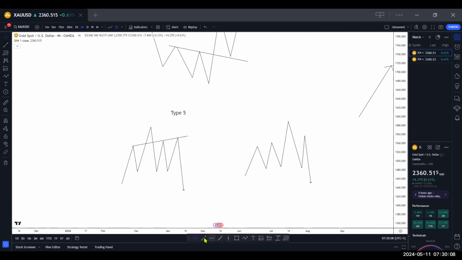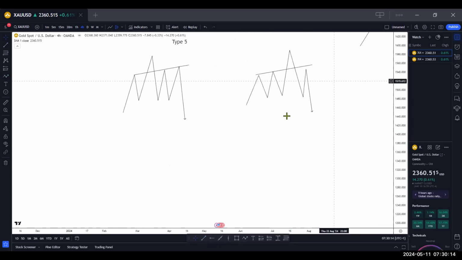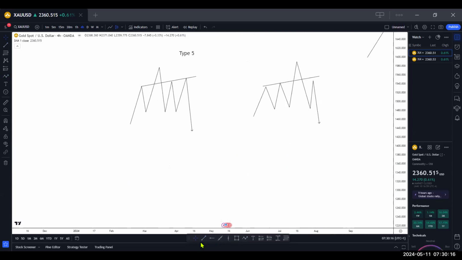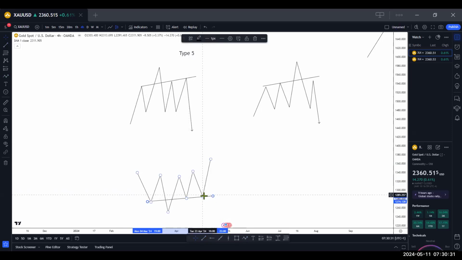So first touch, second touch, then this is your entry. Or you can have, for a sell scenario, one shoulder, apex, two shoulders after the apex, entry. So one shoulder, second touch, third touch.